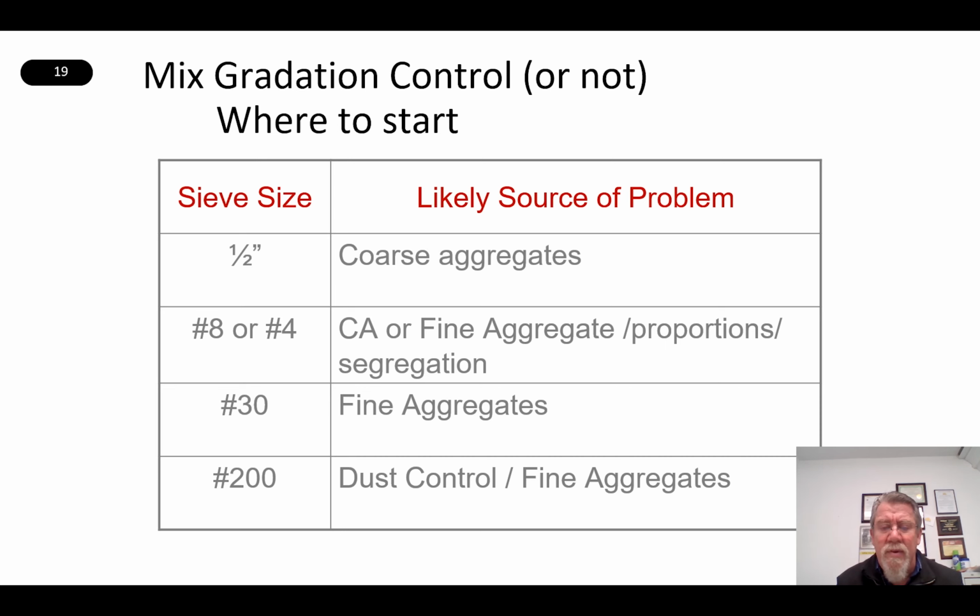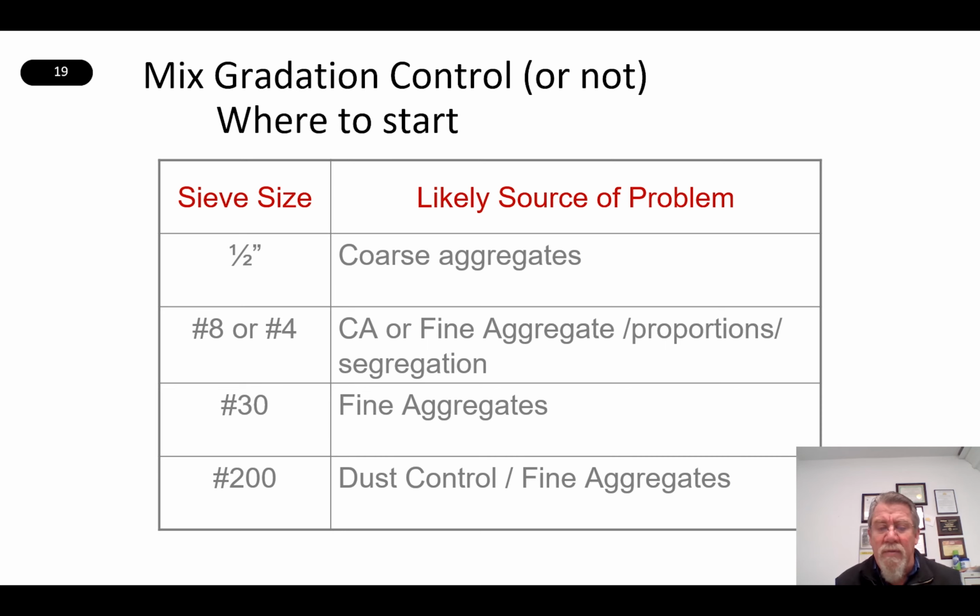Remember, I said earlier, if that's the primary control sieve, which typically the 8 or the 4 is, a 4% change on this sieve will cause a difference in VMA of 1%. Then if you're looking at fine aggregates, look at the number 30 sieve. That's a good sieve to look at, whether you're looking at natural sands or manufactured stone sands of some type.